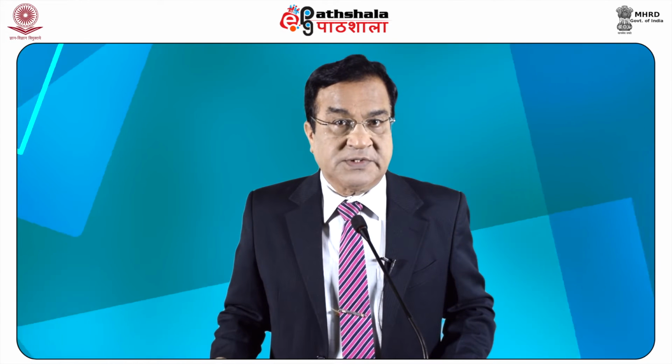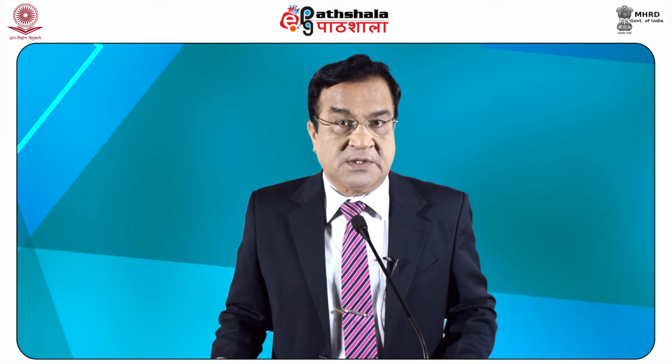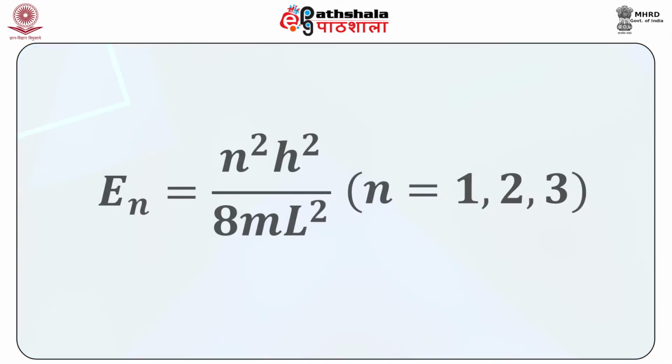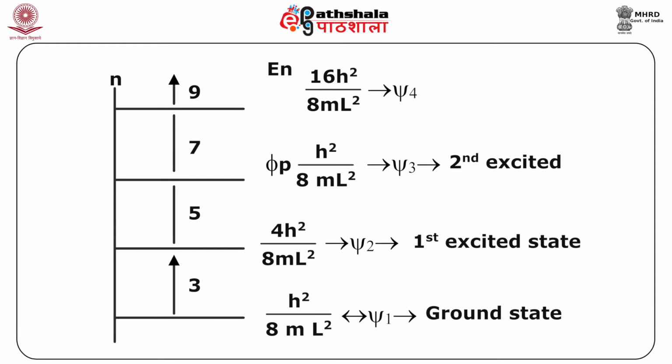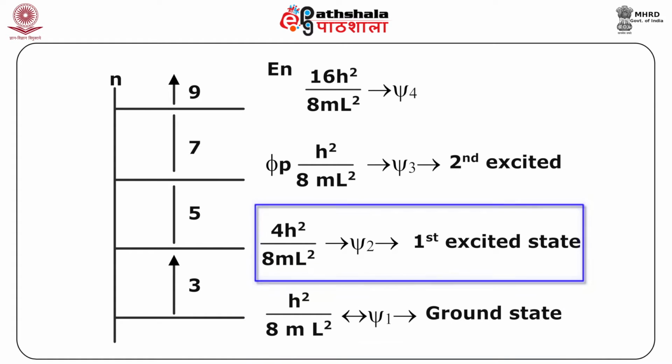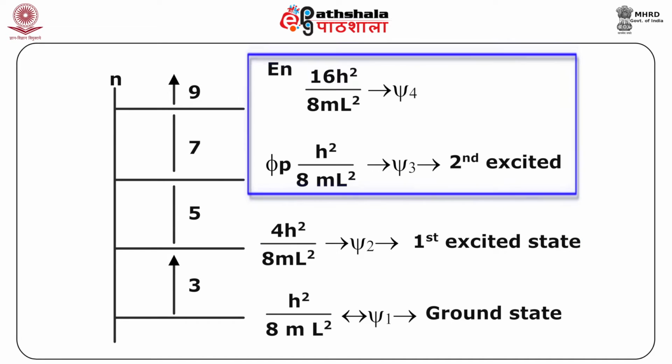Since we have found that for this particle the total energy, which is the translational energy, is given by h squared upon 8mL squared, we can see here these are the corresponding energy levels. The ground state corresponds to n equal to 1, then the next state will be n equal to 2. In this way we can get the various energy levels.